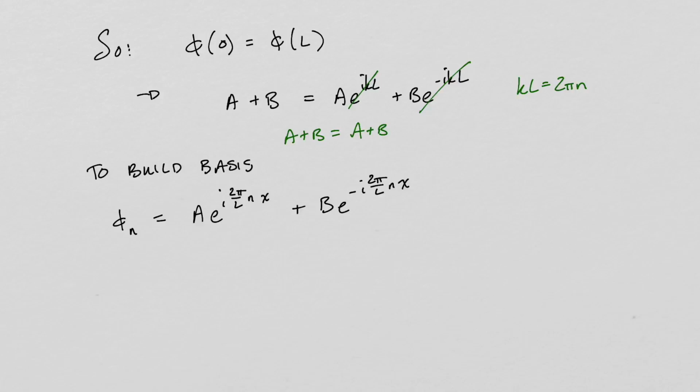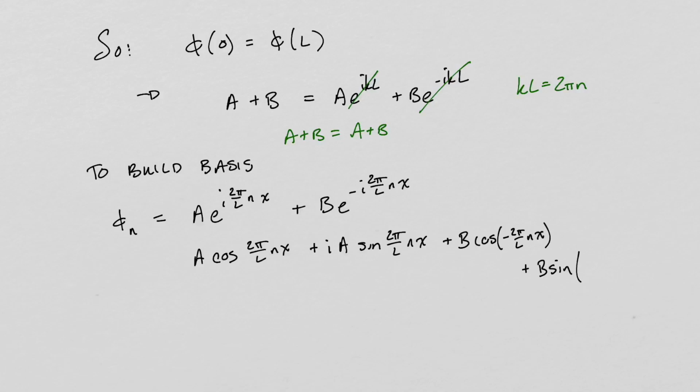In other words, I use Euler's formula on this, and I get a cosine 2 pi over L n x plus i a sine 2 pi over L n x, and then plus b cosine minus 2 pi over L n x plus i b sine minus 2 pi over L n x.